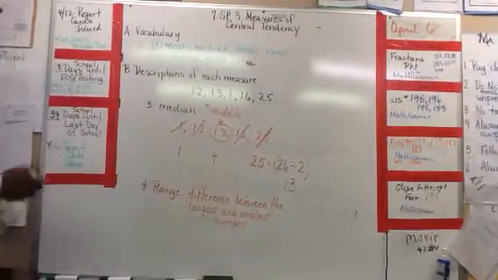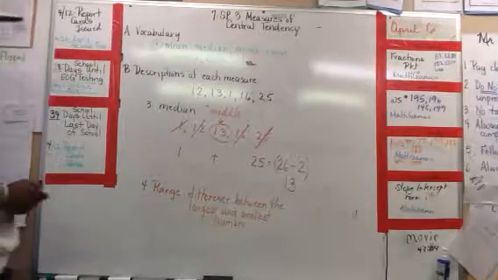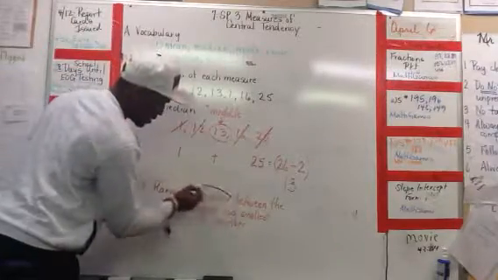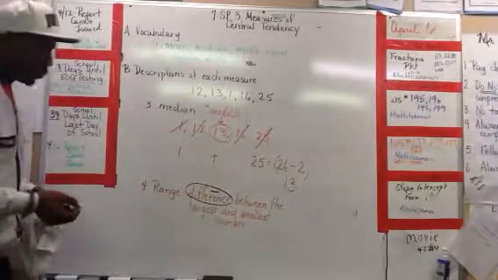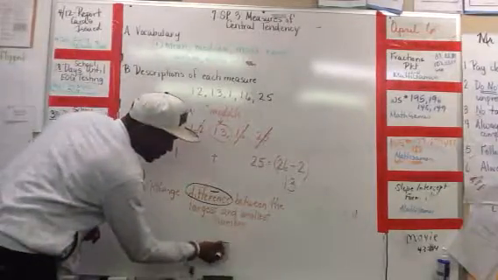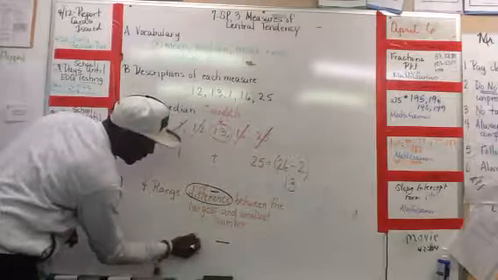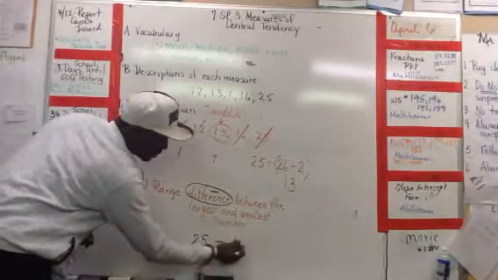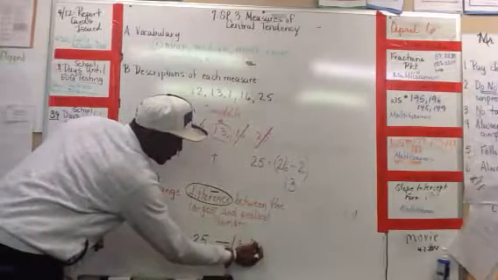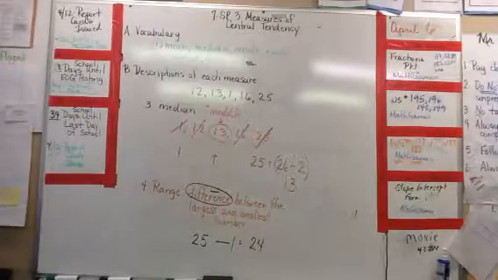Okay? Difference is another math code term. Subtraction. We know that the largest number is 25. We know that the smallest number is 1. So the range of the data is 24.